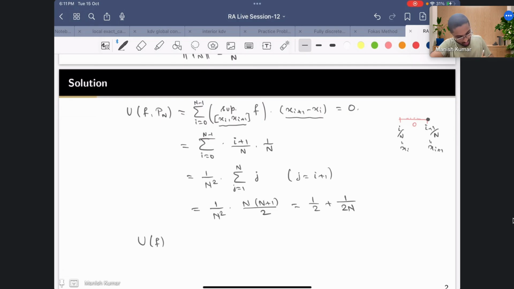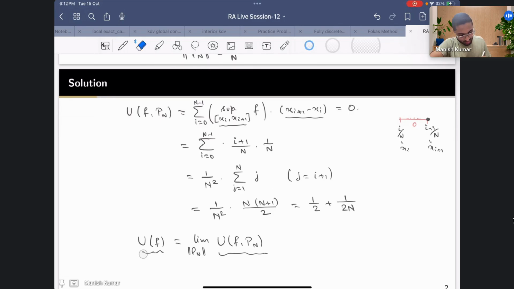Basically, when the norm of the partitions we are choosing converges to 0, then this U(f, Pn) will converge to U(f). So this is another way of evaluating U of f, or any L of f as well.